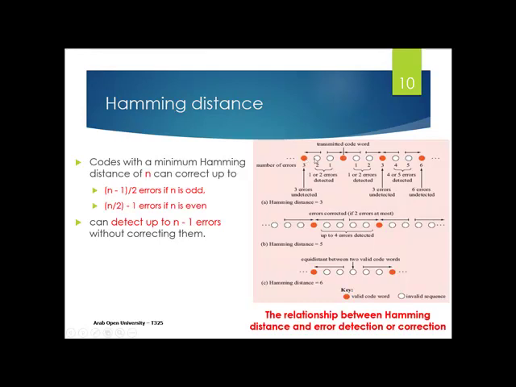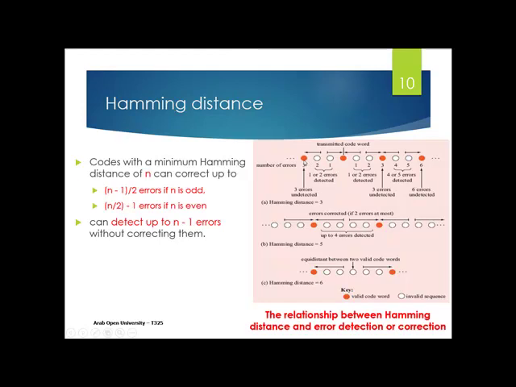So if I have 1 error, I can detect it. If I have 2 errors, I can detect it. But if I have 3 errors, the sent code word will arrive at this value, and the receiver will find that this value is correct, so it will not detect the error. So for d-1, which is 2 in this case, I can detect the error.